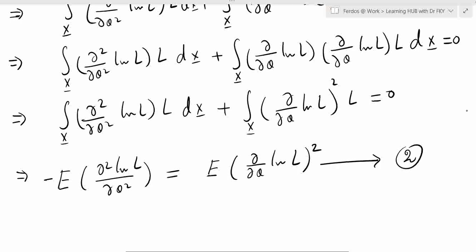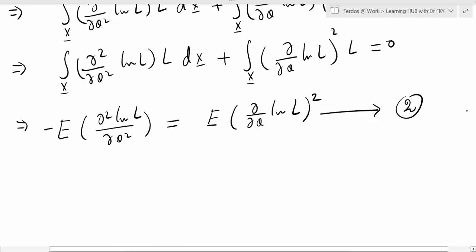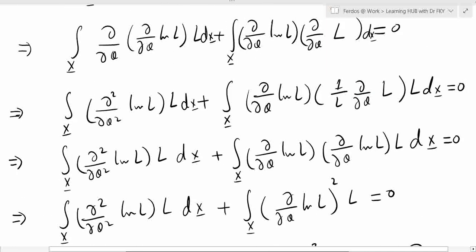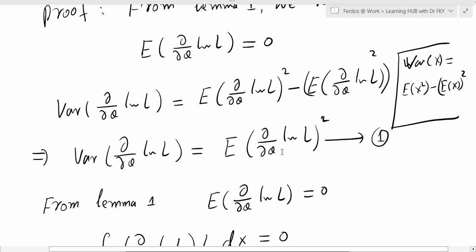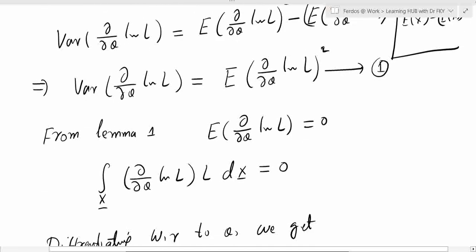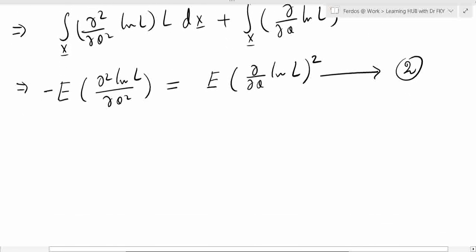Now from equation 1 and equation 2, you can go back and see what equation 1 was. Equation 1 is this one: this is equal to the variance of this. This thing is also there, and that is equal to minus E of something.